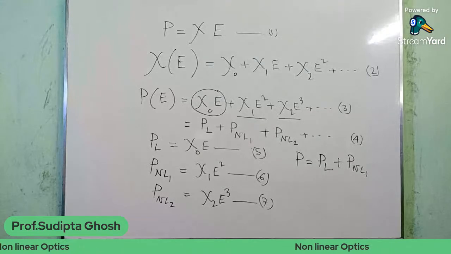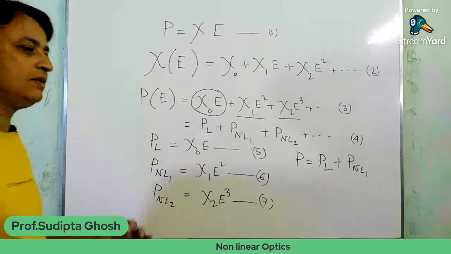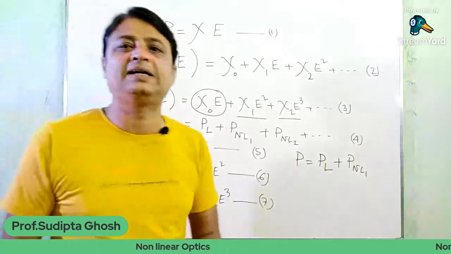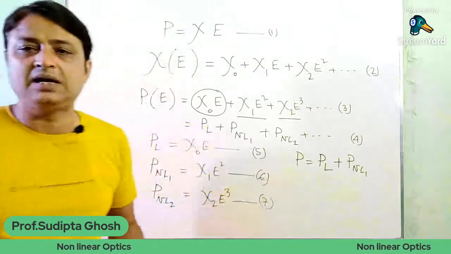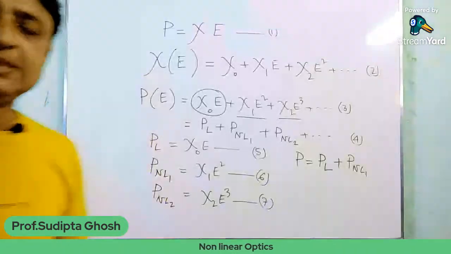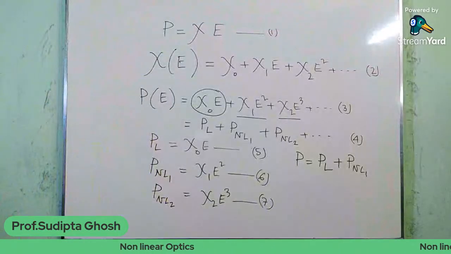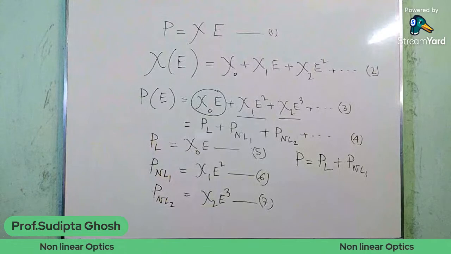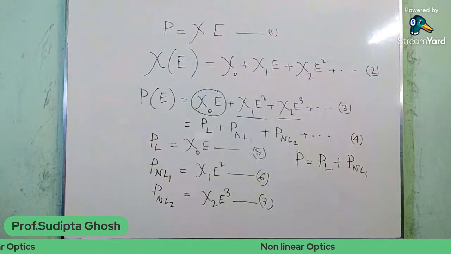So whenever you find a dielectric material, don't take it as a non-linear material. Some dielectric materials are examples, such as KDP, potassium dihydrogen phosphate. Ammonium dihydrogen phosphate, ADP, is another example.